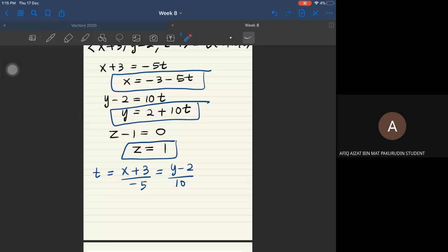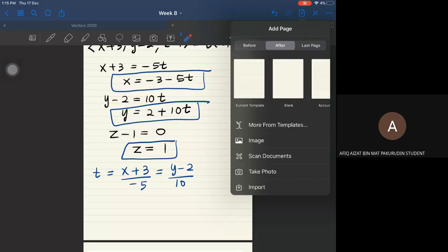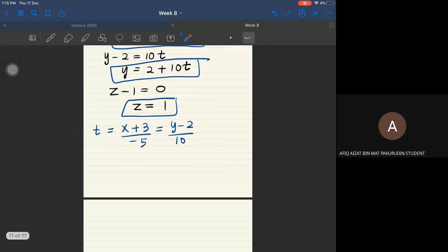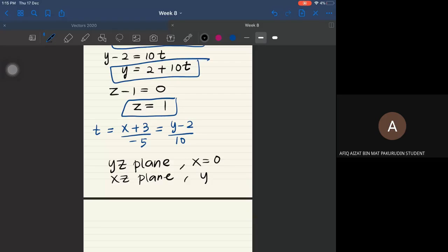So, kena buat note sikit tu kat sini. YZ plane, so X sama dengan kosong. Kalau XZ plane, Y sama dengan kosong. Kalau XY plane, Z sama dengan kosong.